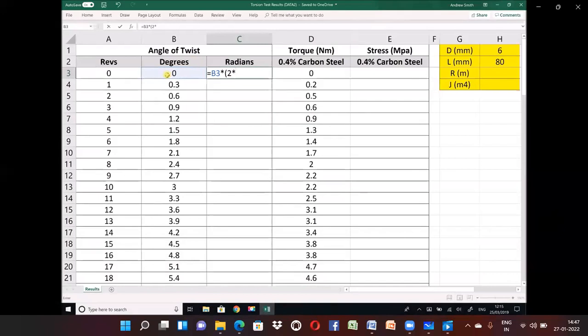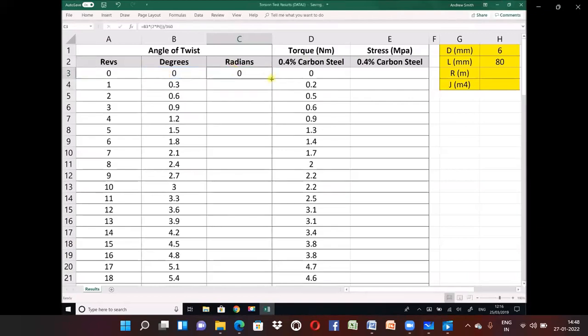There's actually a function for pi, but we need to remember to do open and close brackets in order to input that value of pi. So far we have the value in degrees times 2 pi, but then we need to divide by the number of degrees in a circle, which is 360. So times 2 pi over 360.